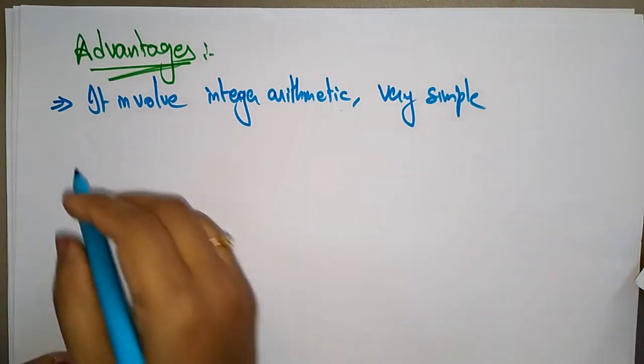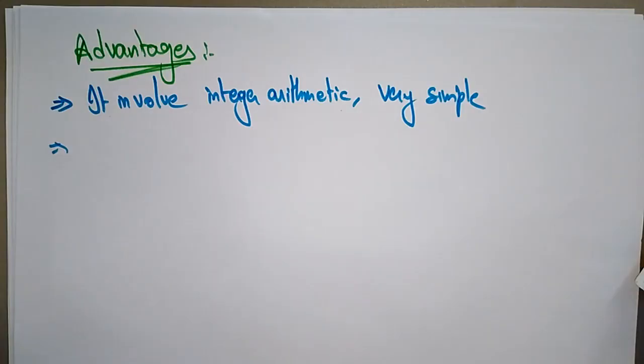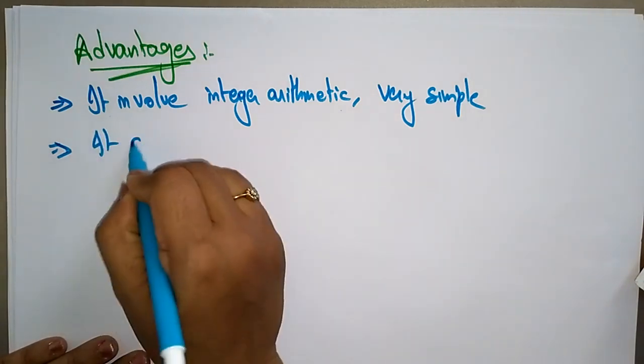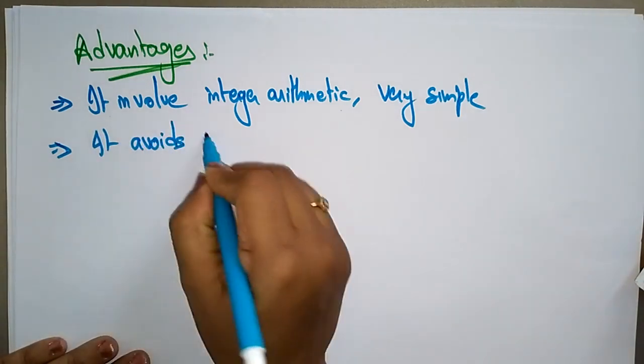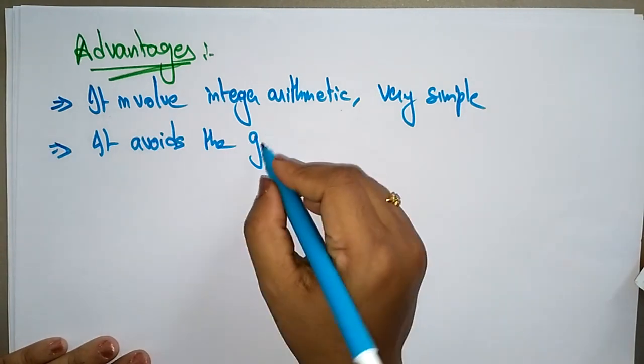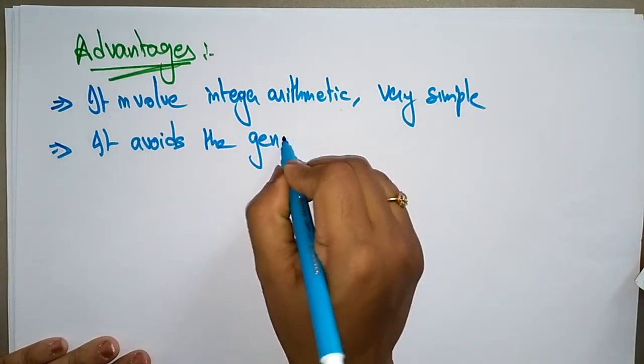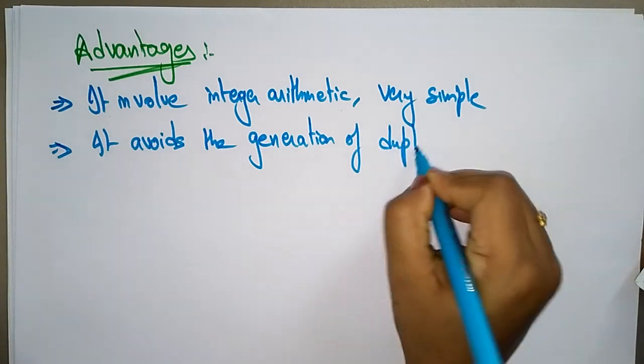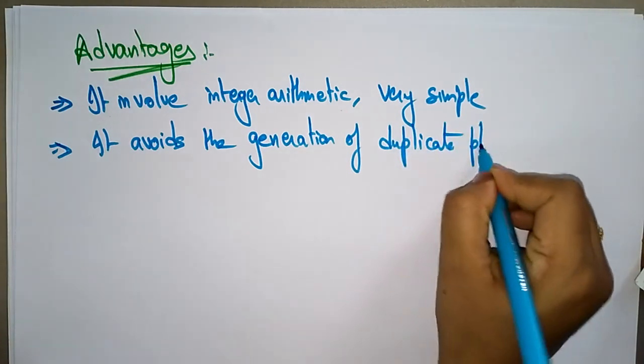So in Bresenham's line algorithm only integer arithmetic values are used, and it avoids the generation of duplicate points.